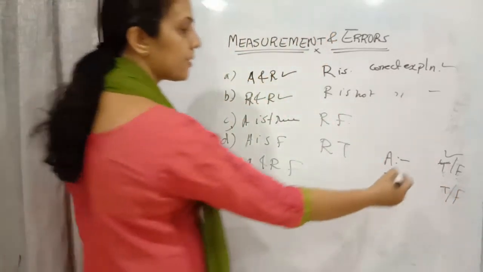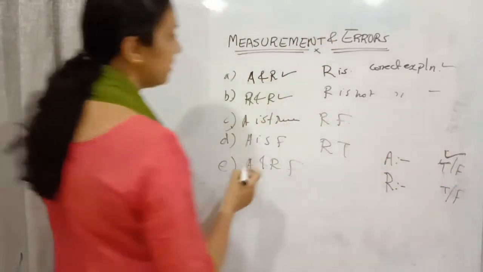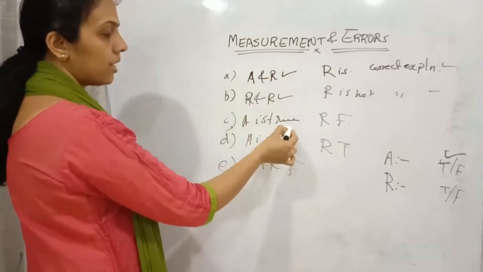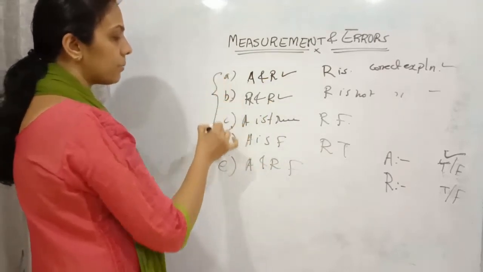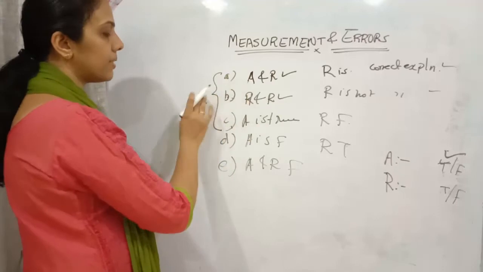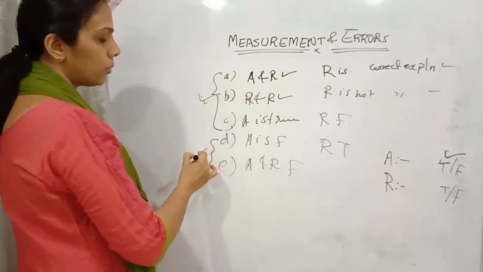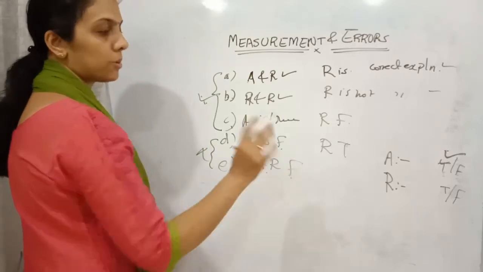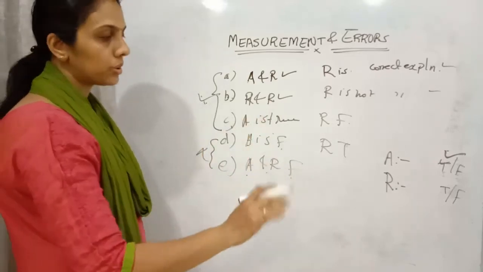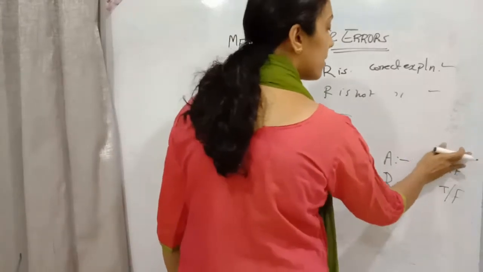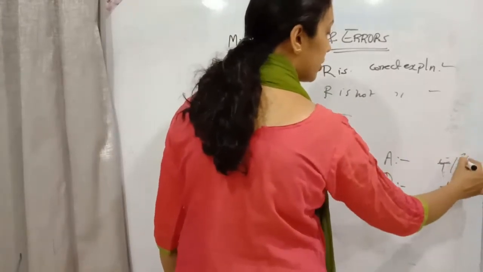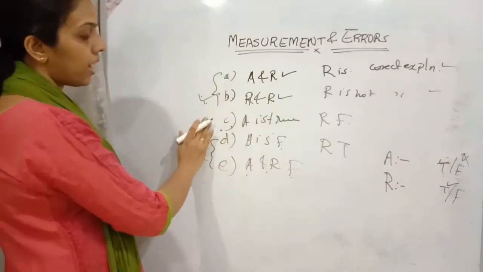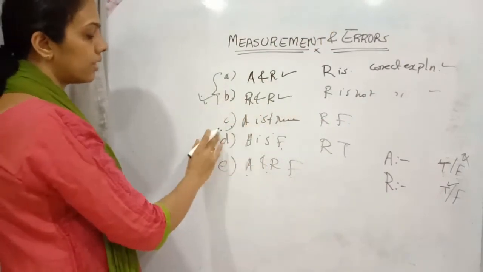If assertion is true, then the answer will be in any one of A, B, C. This one won't be coming because assertion is false, and assertion and reason are false. So these two options won't be coming. No need to choose those. Suppose reason is true, assertion is false, then you can go for that option.